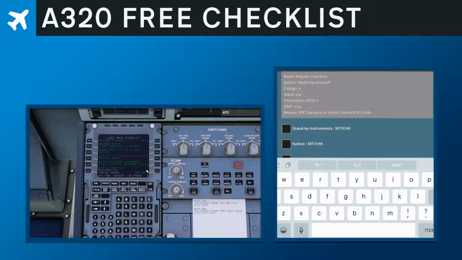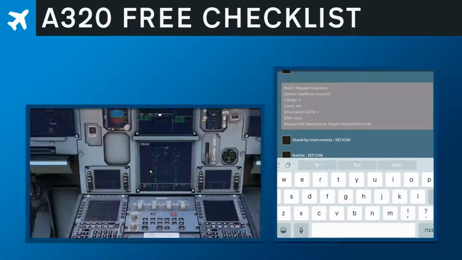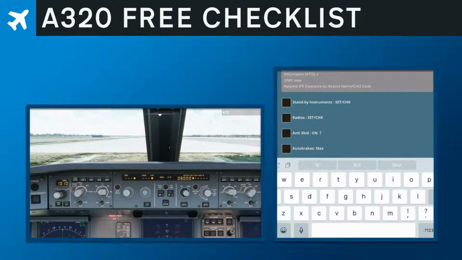So the altimeter we now need to set as 1010. So there we go. And now we need to request our clearance. So we'll go over to, we're on radio.